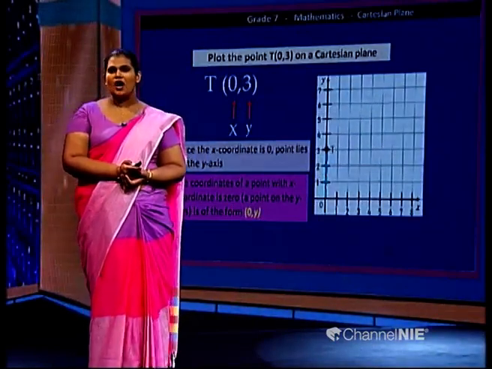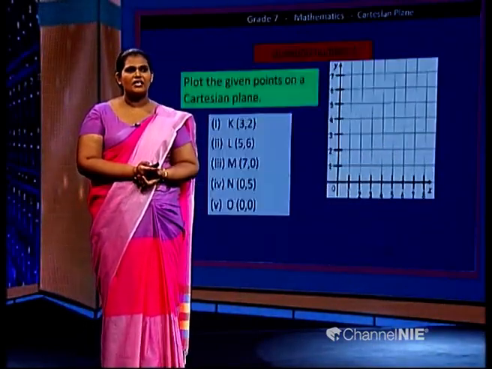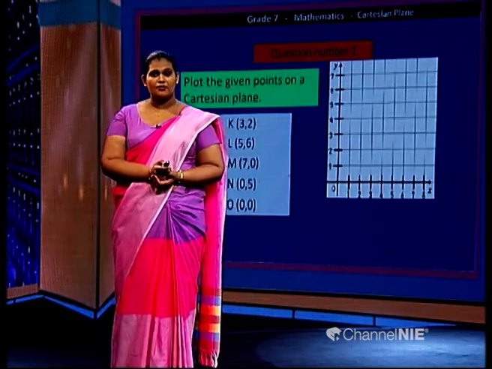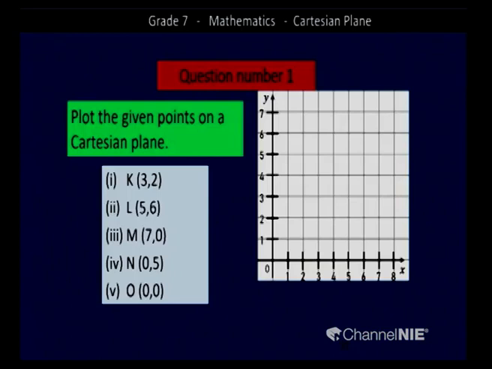Now, you know how to plot a point on a Cartesian plane properly. Today, first of all, we learned how to draw a Cartesian plane properly. Then we learned how to get the coordinates of a point. Then we learned how to plot points on a Cartesian plane.